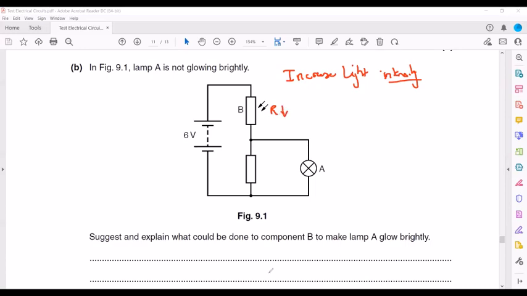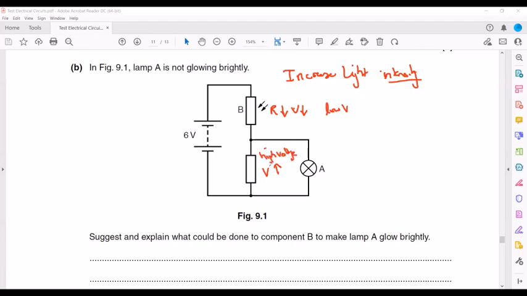This is a potential divider circuit. In a potential divider circuit, the voltage divides between the components. If the LDR has a low resistance, it will have less voltage. And if there is less voltage across the LDR, there will be more voltage across the fixed resistor. If one side's voltage is low, the other side's voltage will automatically be high.